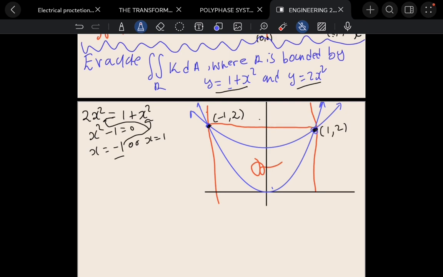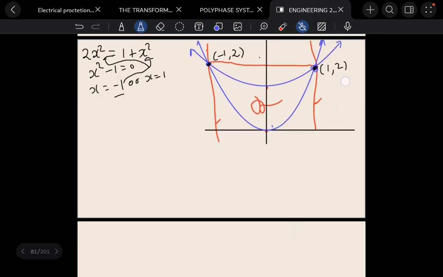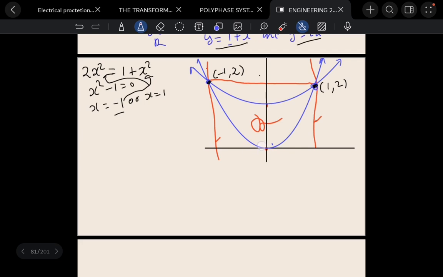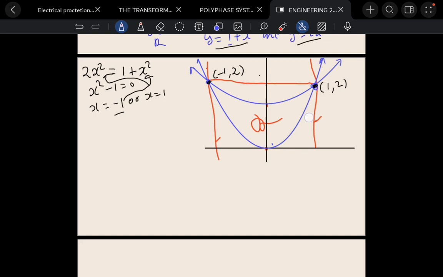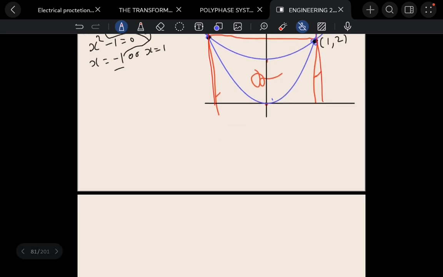The problem is the y value here, because this is a parabola. We will pick the vertical lines because we are sure that the region starts here and ends there. Now for y, because there is still a curve, we are not sure.